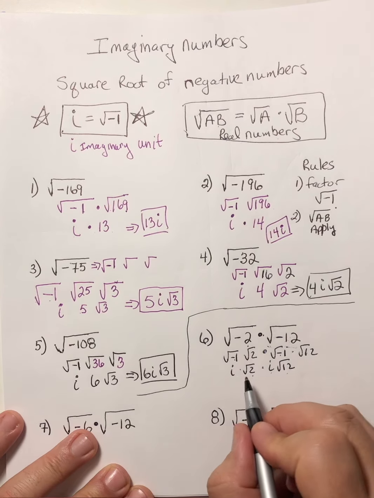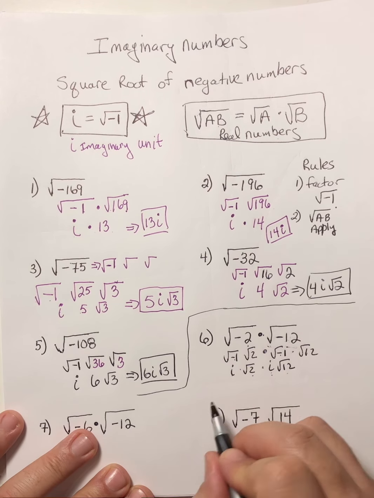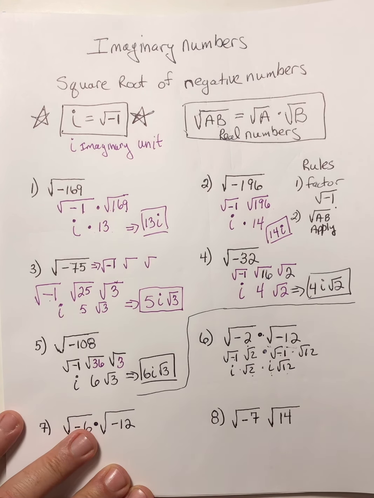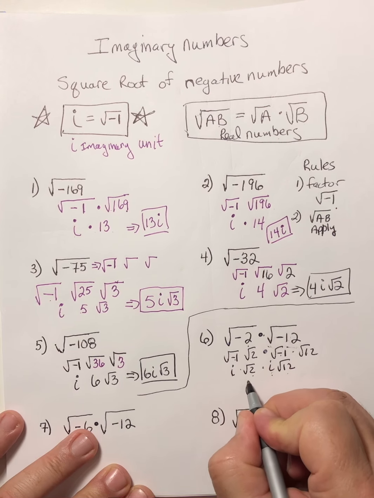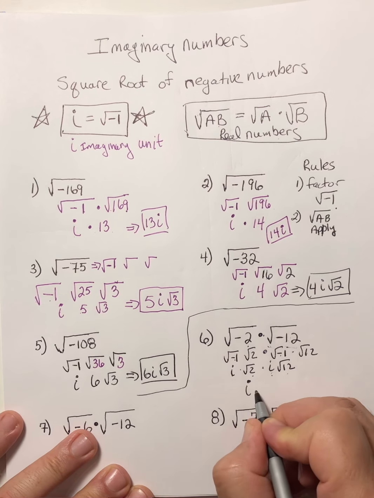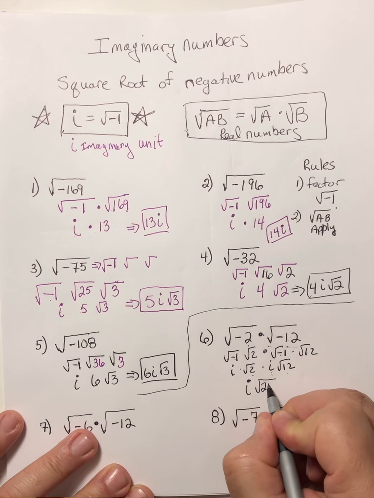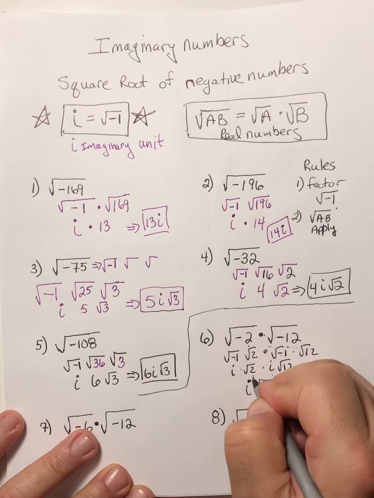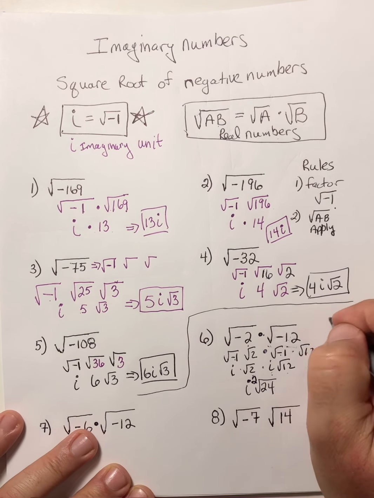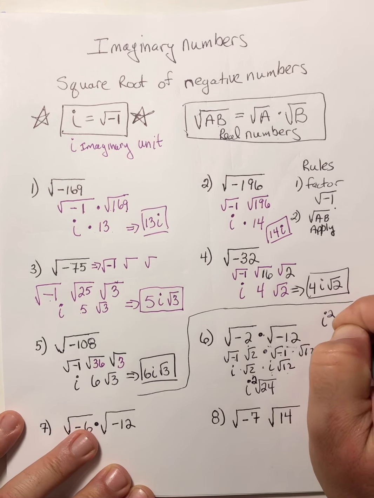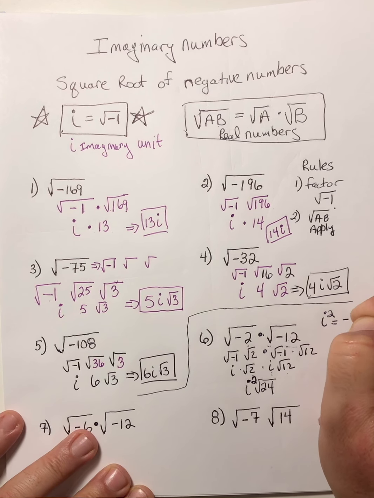All right, now, i is a variable. What's x times x? What's m times n? What's n times n? That's right. So this is just i squared times the square root of 24. i squared. Okay? All right, now something unique happens. i squared is equal to -1.